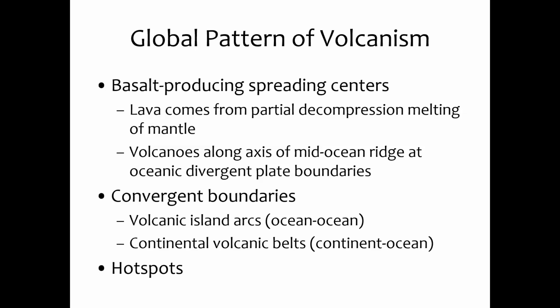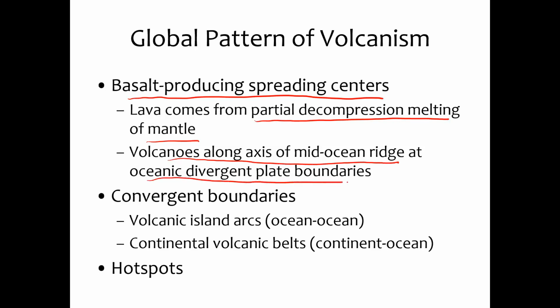So here's a good summary of all that. So we have basalt producing spreading centers coming from partial decompression melting of the mantle. Volcanoes form along the axis of that mid-ocean ridge at those oceanic divergent plate boundaries. They also form at continental divergent plate boundaries too.